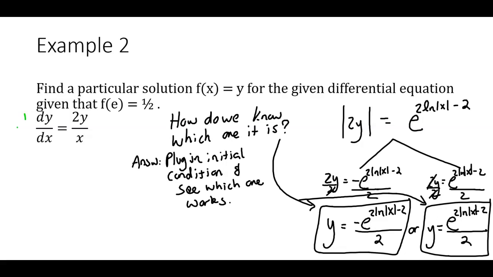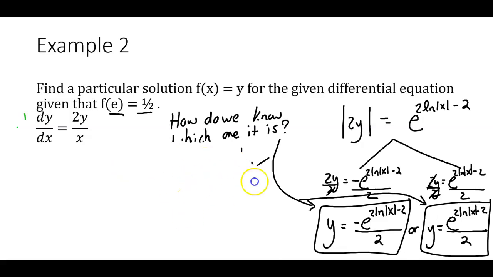And by the way, you're going to get two answers anytime you have absolute value, or another situation is square roots. But we'll do an example like that later. The answer is plug in your initial condition to see which one works. So I'm going to plug in e for x, and I'm going to plug in half for y, and I'm going to see which one gives me a good solution.